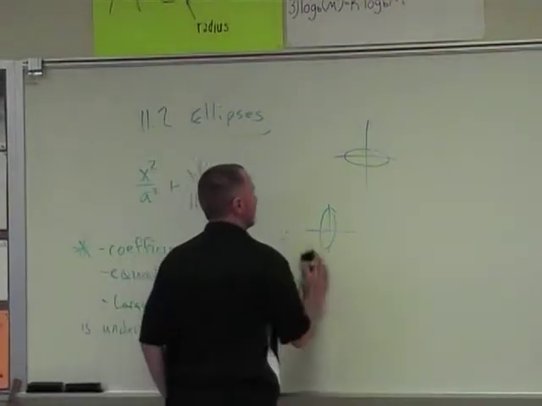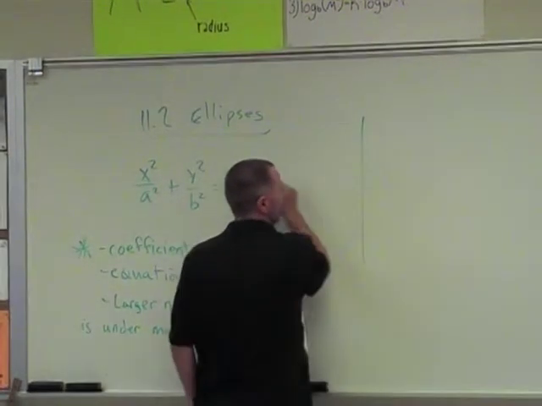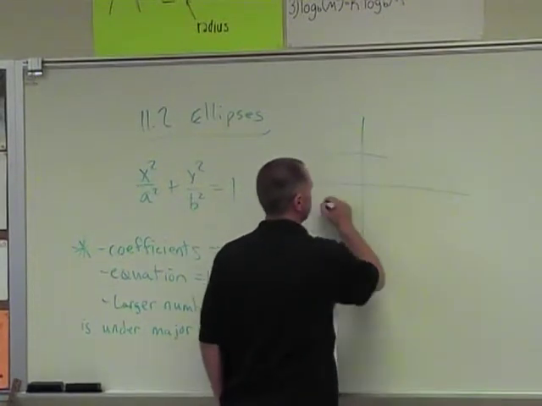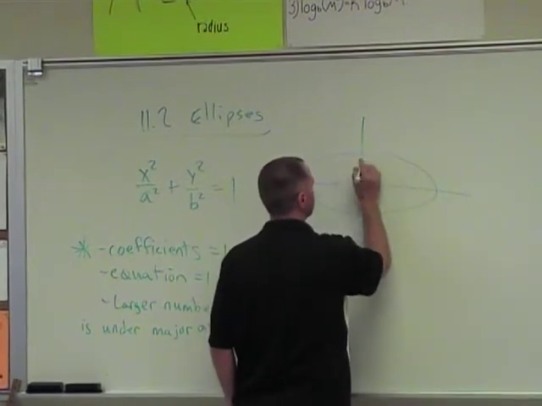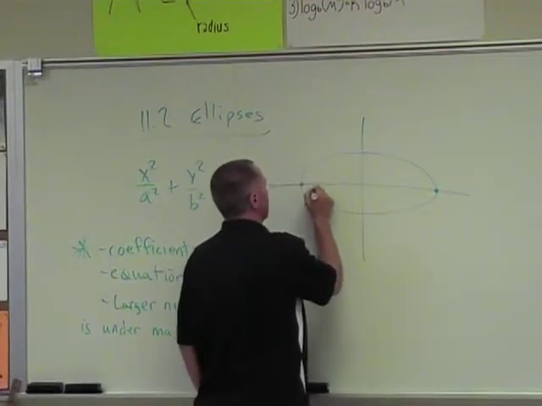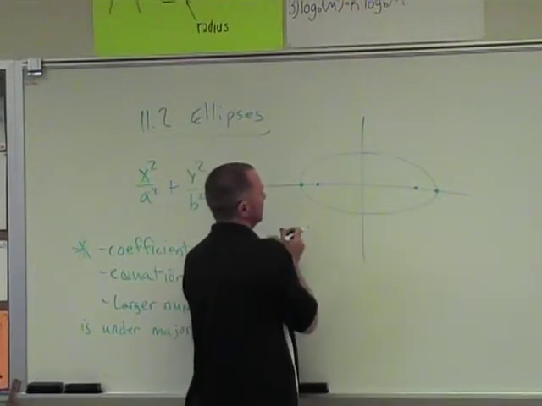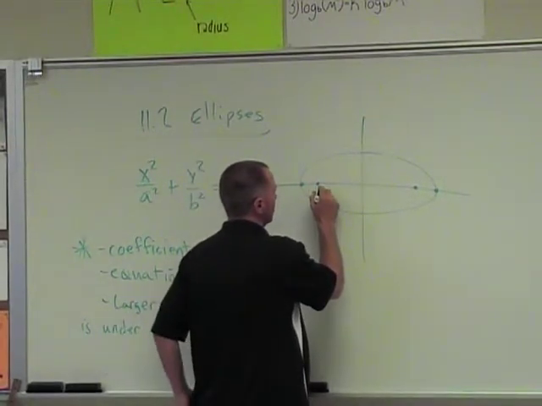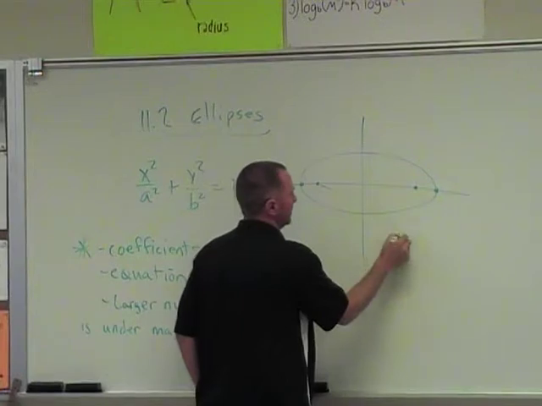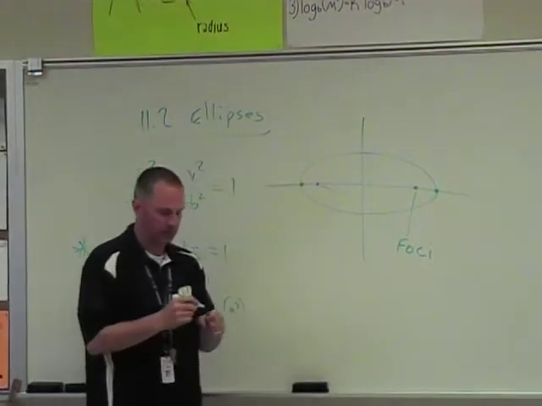Having said that, let's take a look at a basic ellipse because there are some things we have to find. Let's look at a horizontal ellipse. First of all, these two points are called your foci. There are two focal points.